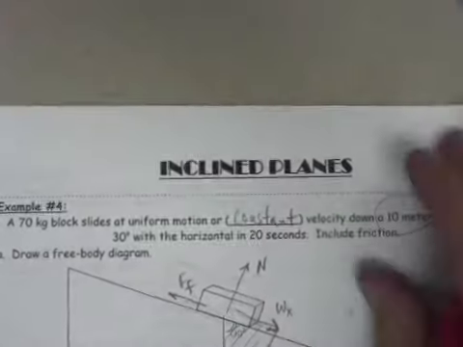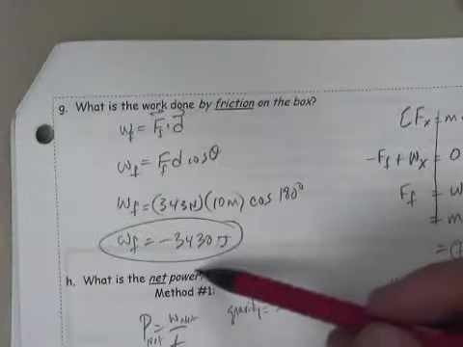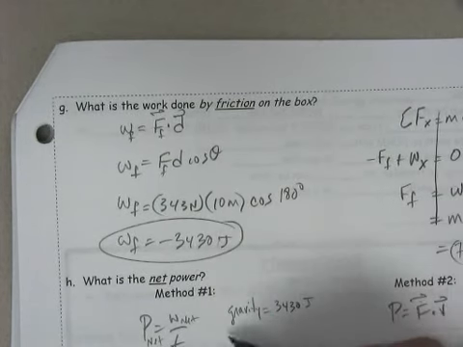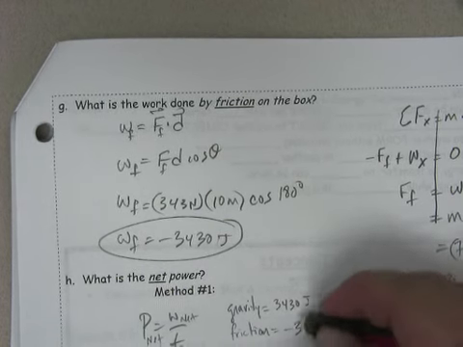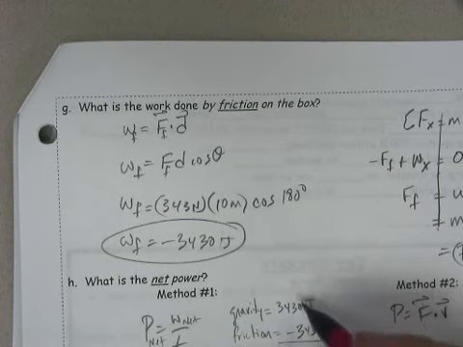And then, what else did we say? Friction did work as well. So let's find friction, and we did that in part G. In part G, friction did negative 3,430 joules. And if we add those up, that'll be the net work, and that's 0 joules.